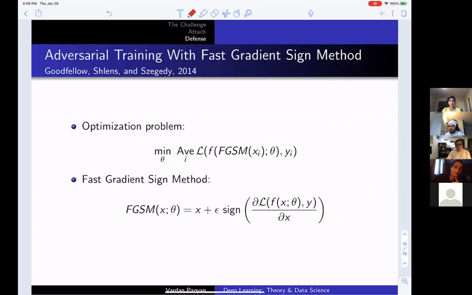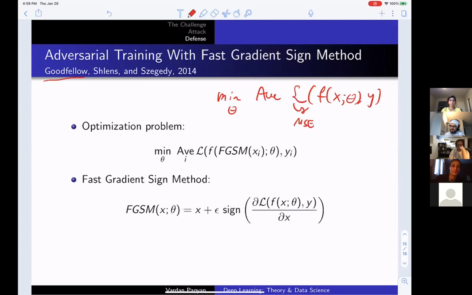So for example, this paper by Goodfellow and co-authors, they say, okay, let's train a network by minimizing the loss of the network. But instead of doing the standard thing, which is minimization over theta of some average loss on f of x theta, comma y, right? This is, for example, MSE or cross entropy.